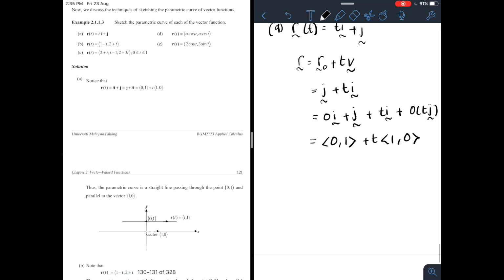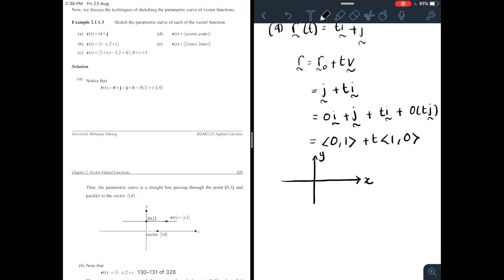So if I try to illustrate the parametric curve, I am going to have this y versus x axis. And as you can see from this expression, it tells us that this straight line will be passing through the point (0, 1), and at the same time the parallel vector is vector (1, 0).